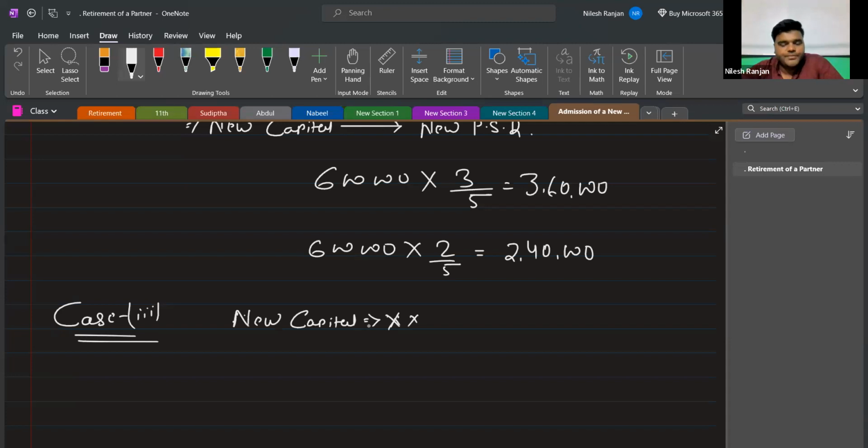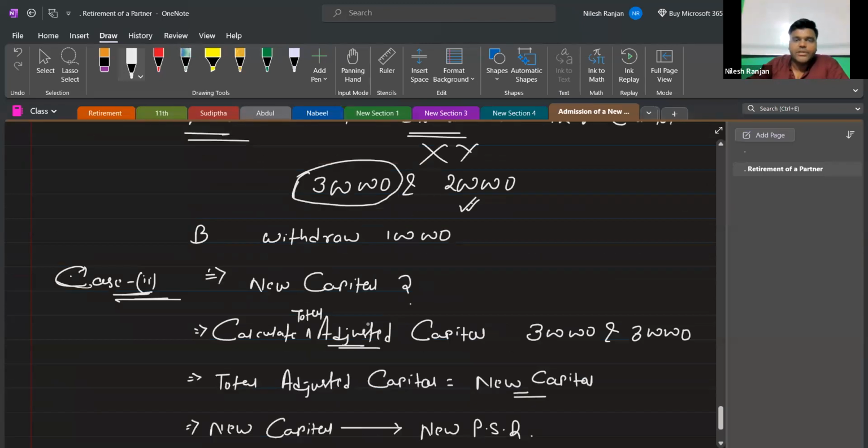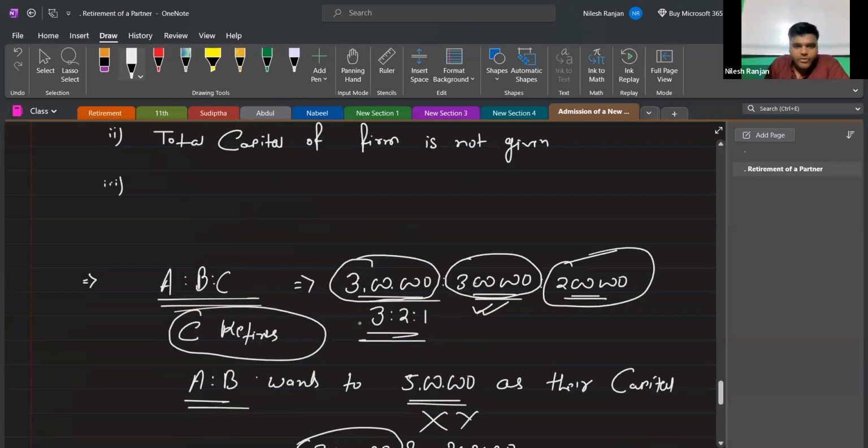We deduct the retiring partner's capital and don't mention the retiring partner's capital. You just take the total adjusted capital of the remaining partners. Let's say 3 lakh, 3 lakh and 2 lakh is there, and there is a reserve of 1,20,000.